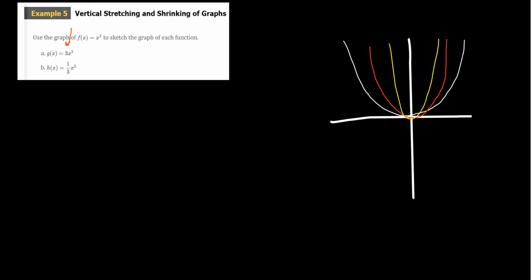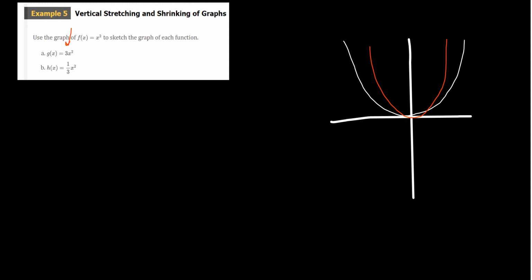We don't. But obviously, if you did your XY table, you can make it precise. But this isn't so much about precision as it is about knowing what these graphs look like. So this would be a good example of stretching by a factor of 3. I'm taking that graph x squared and I'm pulling it, stretching it by that factor of 3.